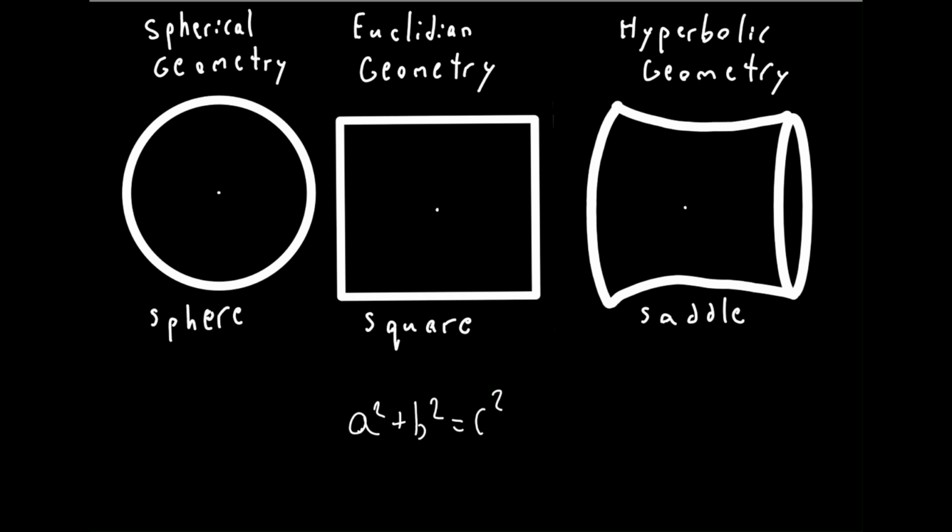Simple, easy, and correct. Now, for spherical and hyperbolic geometry, we're actually bringing out cosine and hyperbolic cosine.